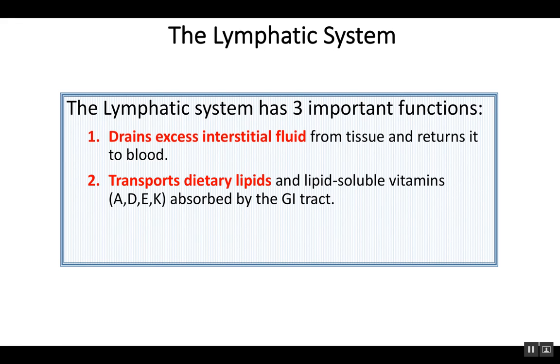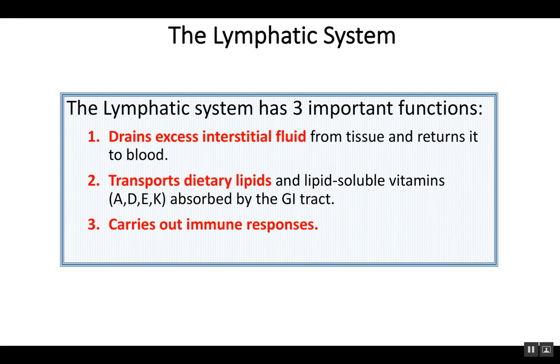So fatty acids, which come from triglyceride digestion, and lipid-soluble vitamins, which include vitamin A, D, E, and K, get absorbed into the lymphatics as opposed to your blood, and will follow this lymph as it drains, eventually into your bloodstream.